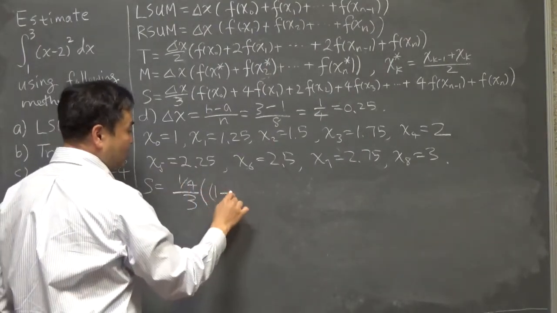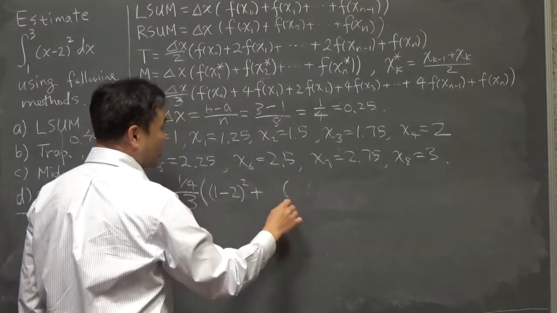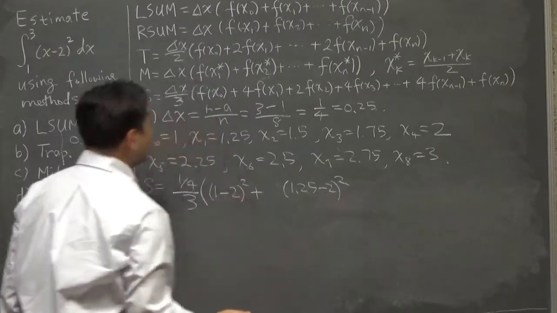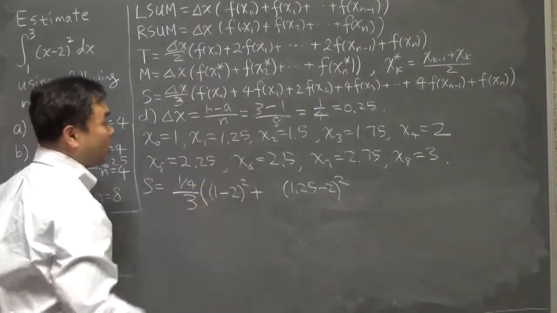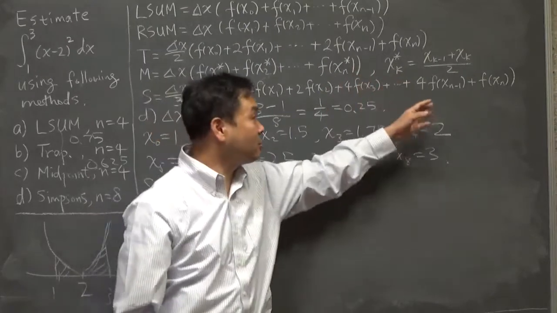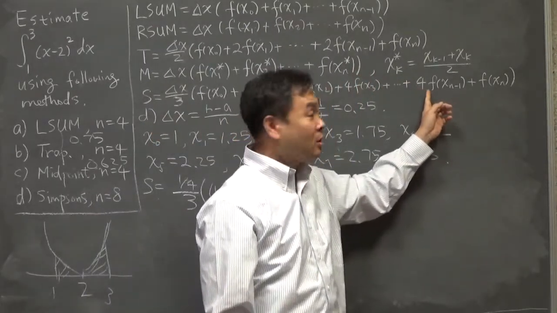It's 1 minus 2 squared, and then 1.25 minus 2 squared. But look, the Simpsons rule has 4, 2, 4, 2, just alternating again and again until you reach the second to last one.